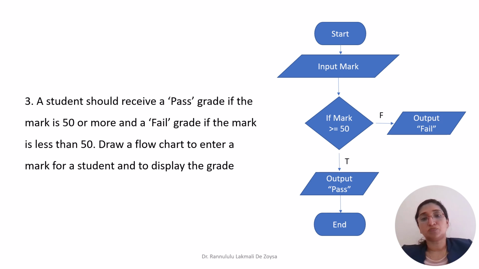It says output fail, and end the program. If this given condition is true, you output pass and end the program. Otherwise, you output fail and end the program. Right.